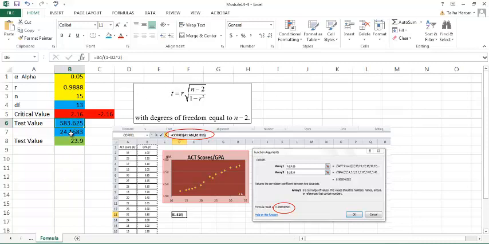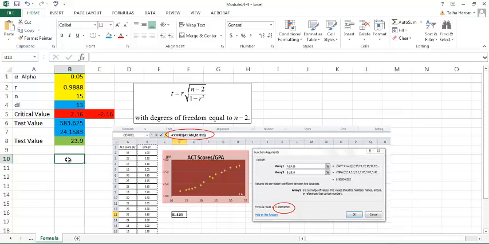I did this in different steps so you can easily follow me. The next step is the square root of B6, which is n minus 2 divided by 1 minus r squared. Then one last step, multiply this by r, which is B2. So B2 times B7 is the test value.